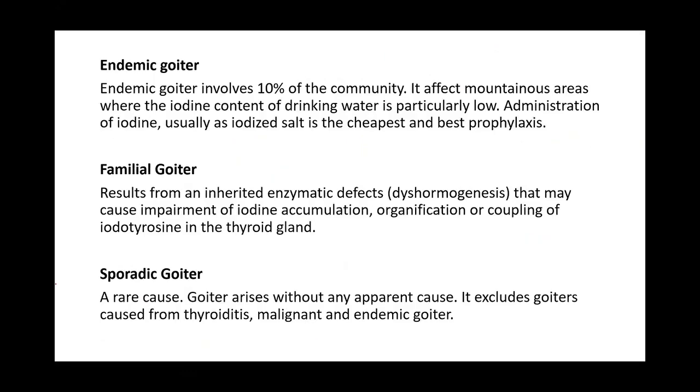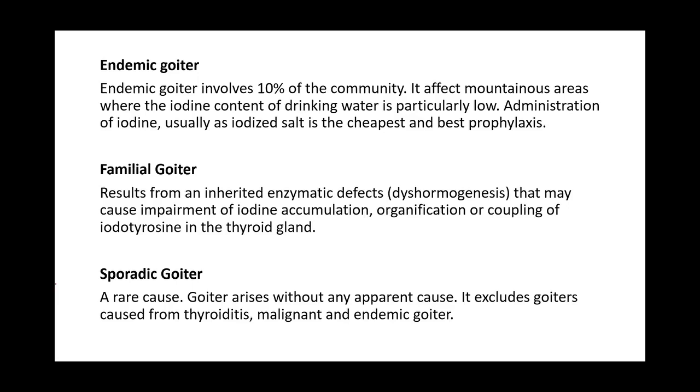Now we talked about these several entities. The endemic goiters affect 10% of the population in the community. It affects mountainous areas where the iodine content of drinking water is particularly low. Administration of iodine, usually as iodized salt, is the cheapest and best prophylaxis.